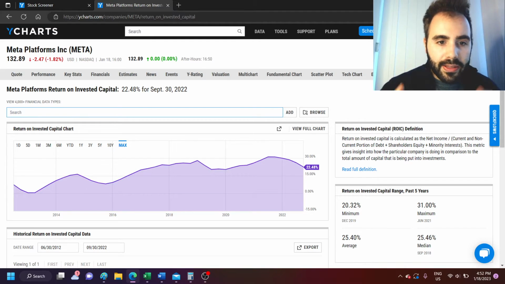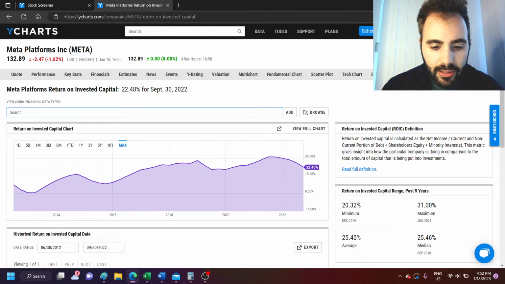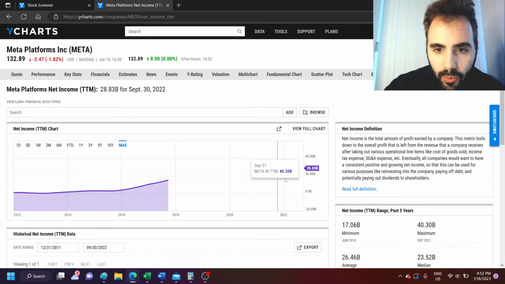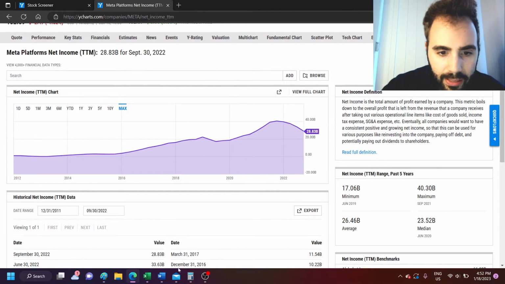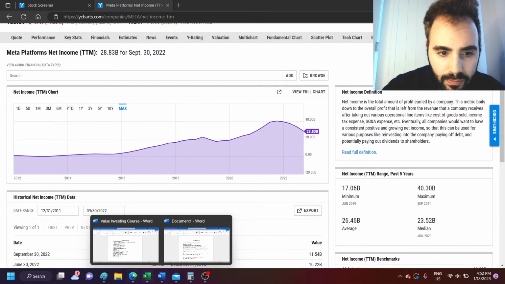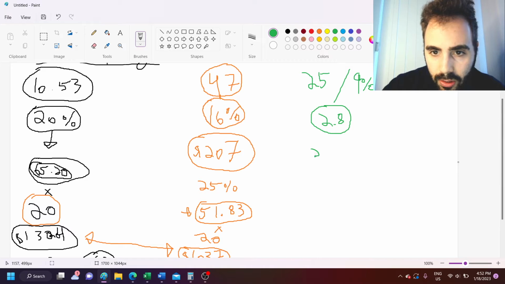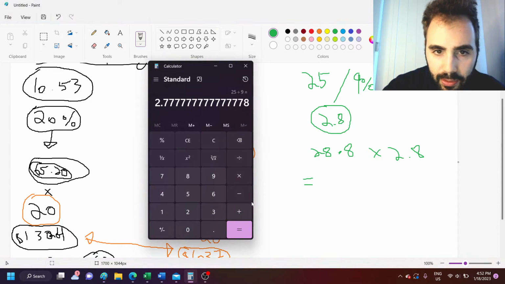We multiply this by Meta's net income, which is 28.8 billion. $28.8 times 2.8 will give us a certain number. So we take this number here.